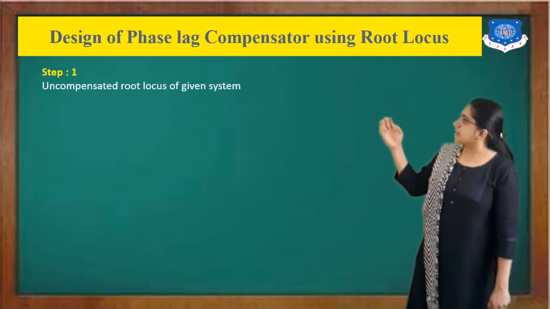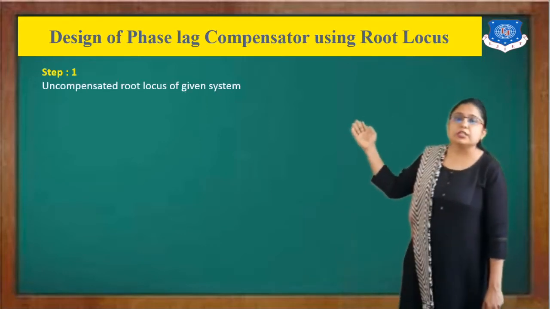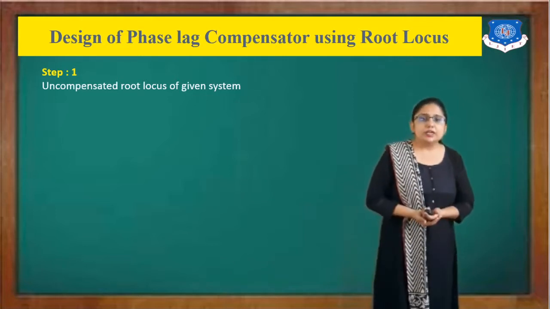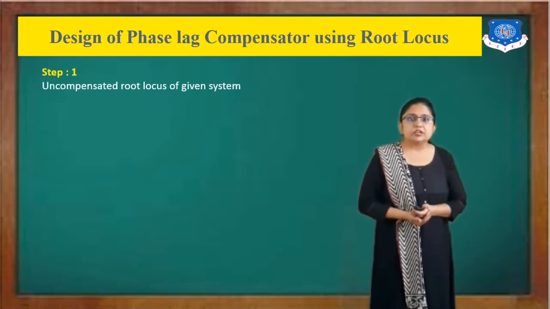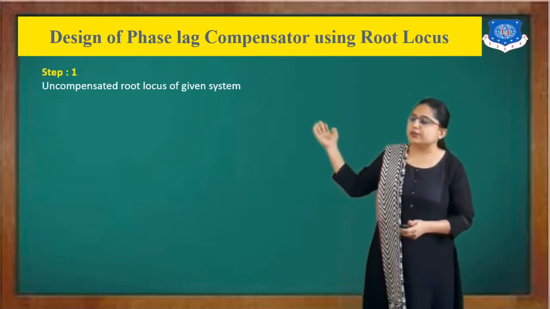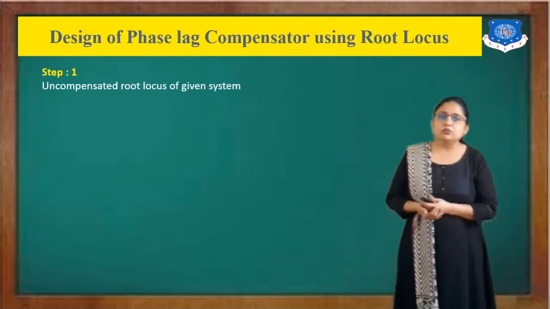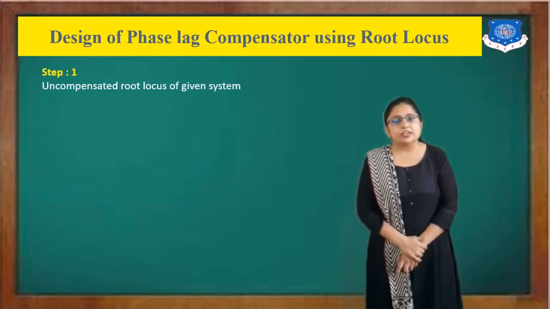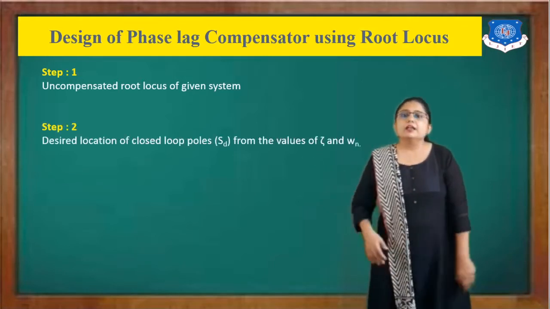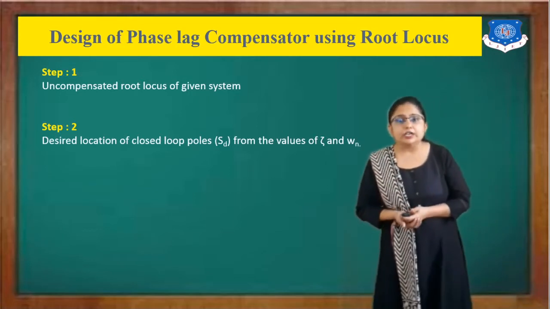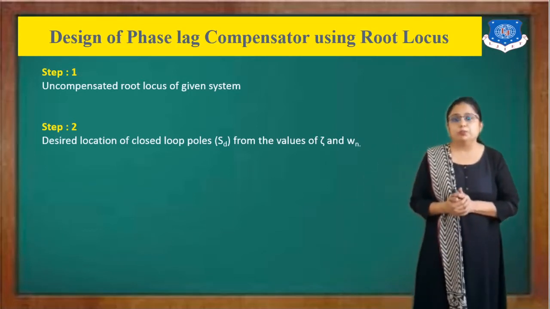So, what is the first step? We have to draw the uncompensated root locus. As you know, in a phase lead compensator, we also draw the uncompensated root locus. Here also, we have to draw the uncompensated root locus. Now, in step 2, we have to find the desired location of the closed loop pole.